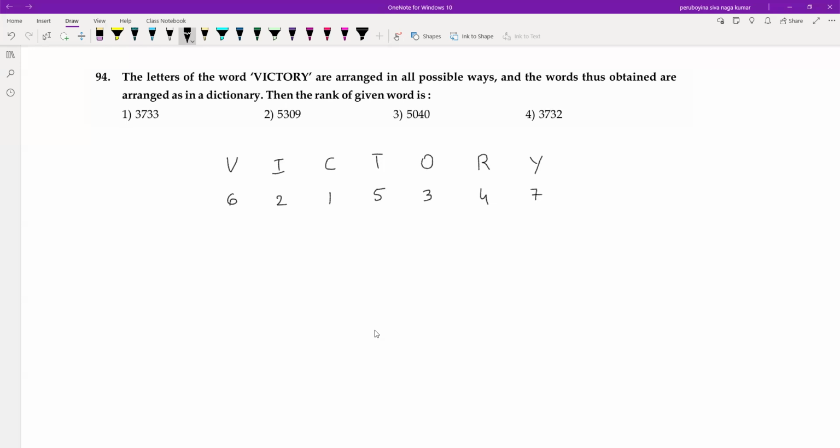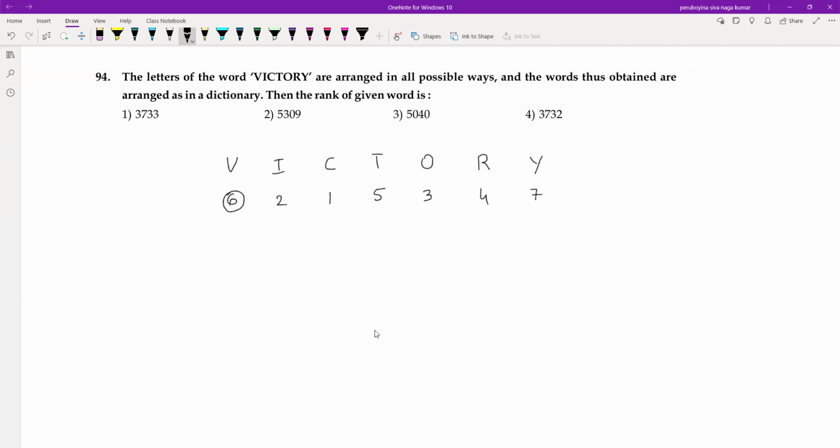Okay, after giving the numbers to the letters of the given word, next we will count the smaller numbers which exist on the right side of every number. So first we will count for 6.